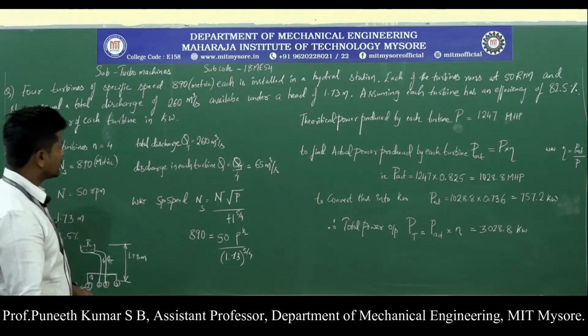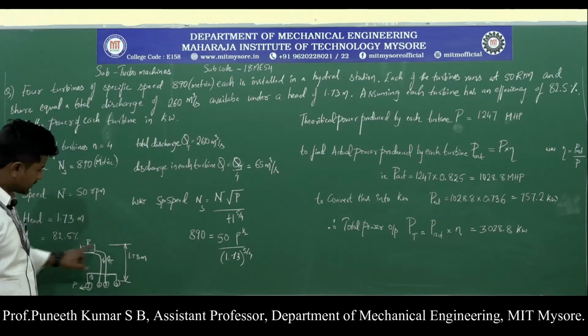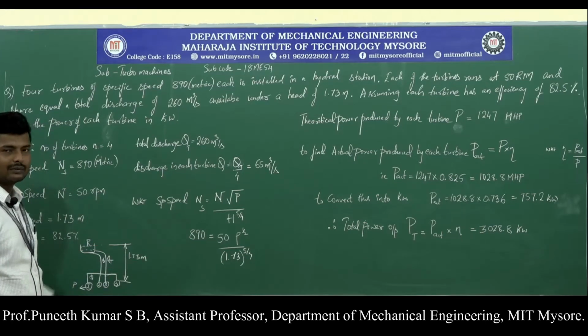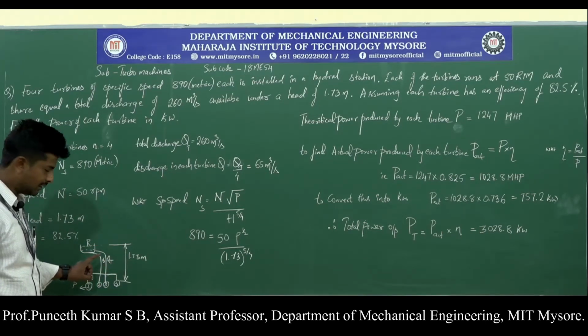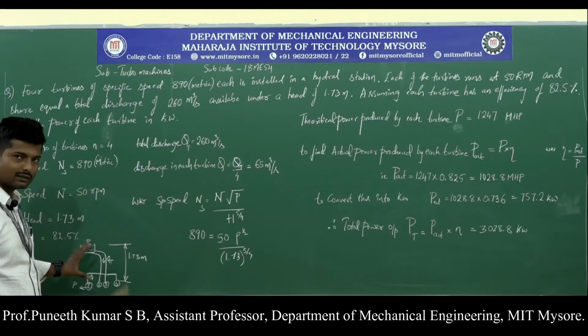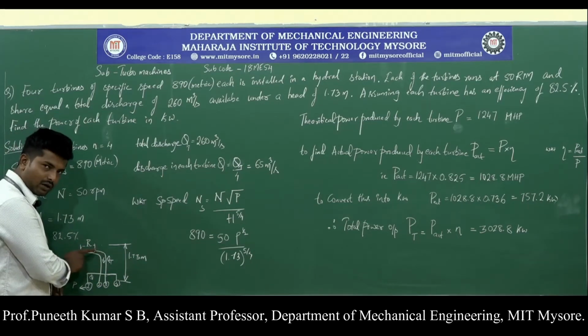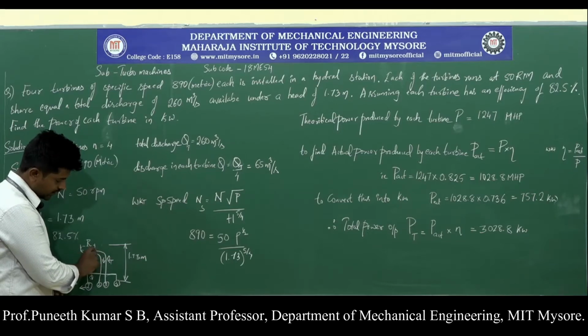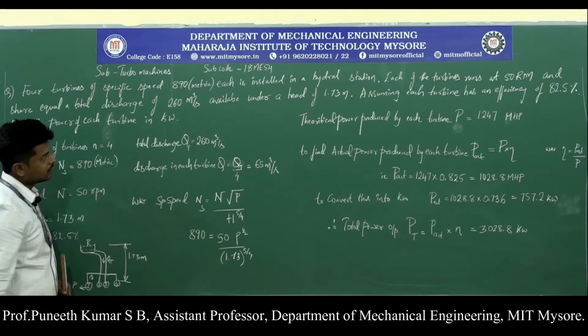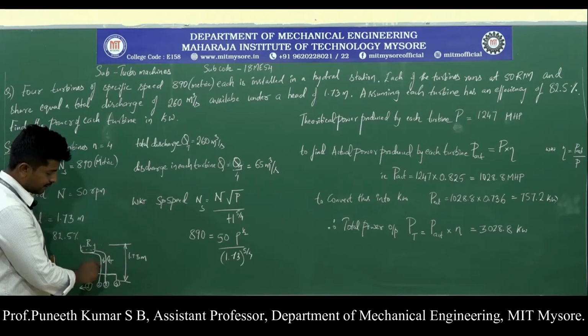I have just tried to picturize the problem in a pictorial format. You can see a reservoir here which is feeding the water to the turbines. Here is the main pipe where QT amount of flow rate is happening, which is 260 meter cube per second.